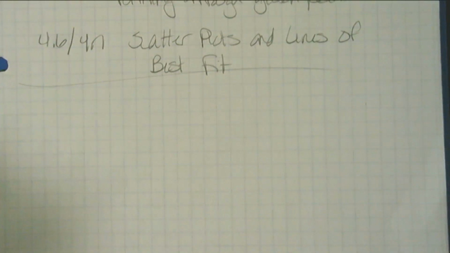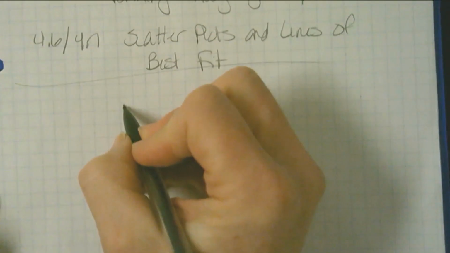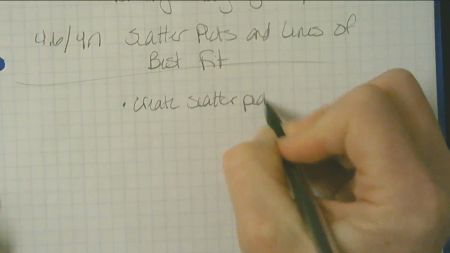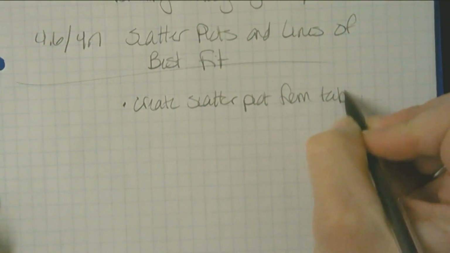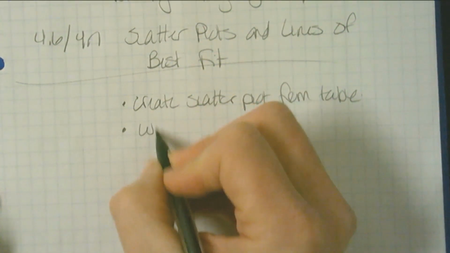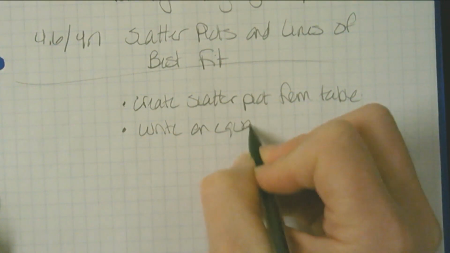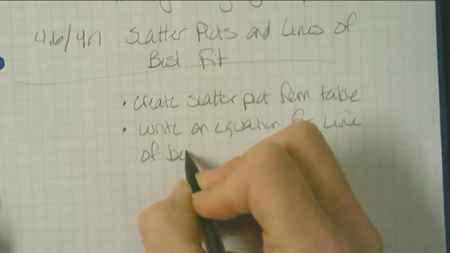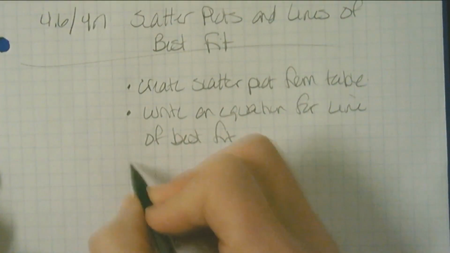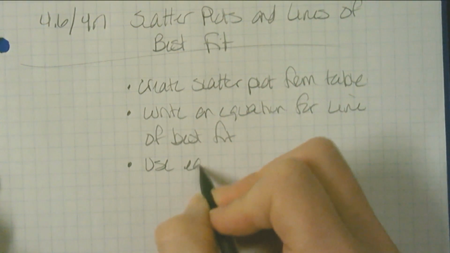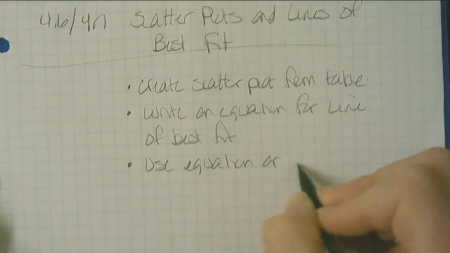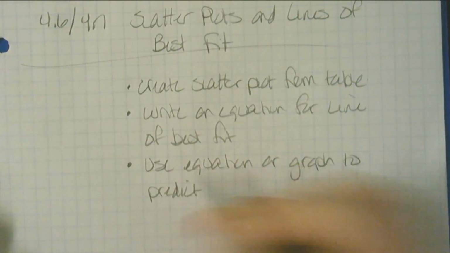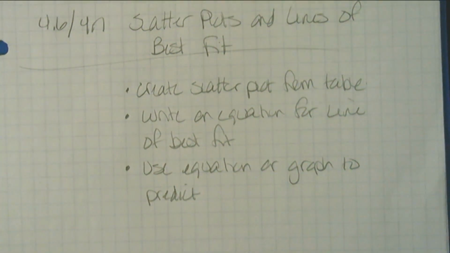You are going to be given one of these, and you will have to create a scatter plot from a table, write an equation for the line of best fit, and then use the equation or graph to predict. You're definitely getting one of those. But I feel like you guys are really good with those.